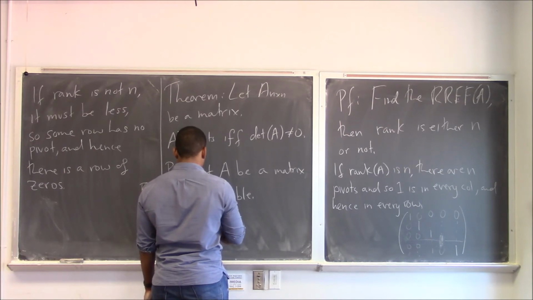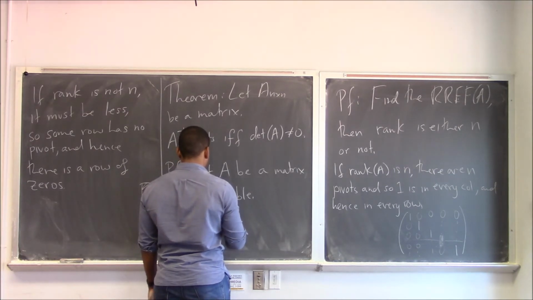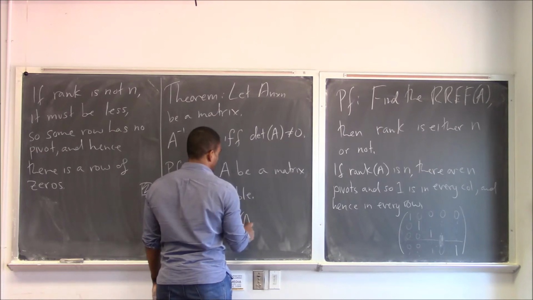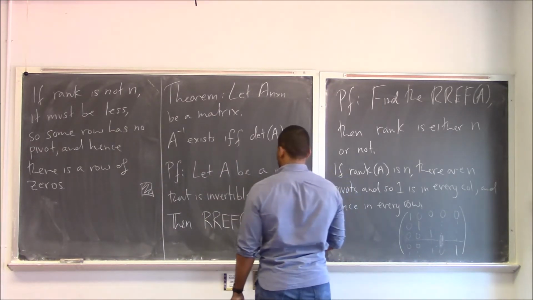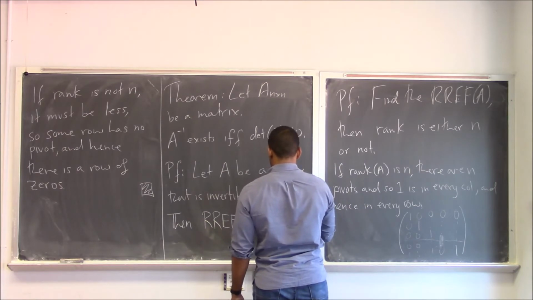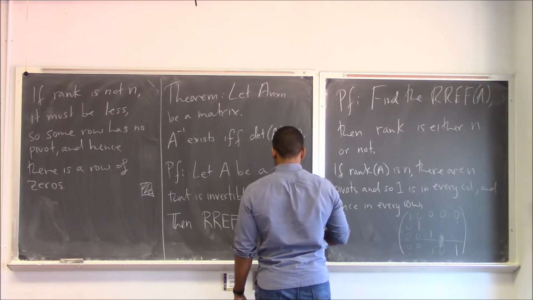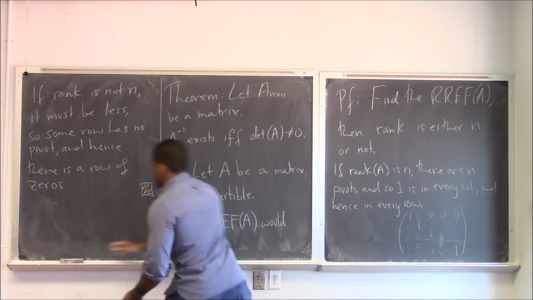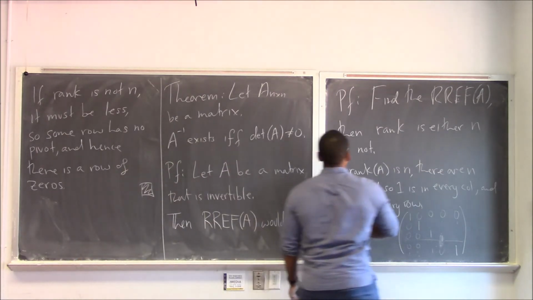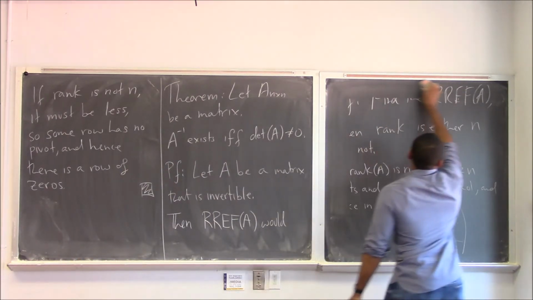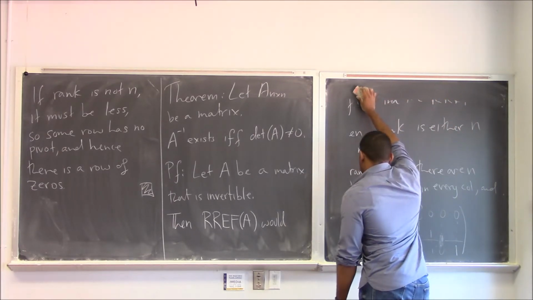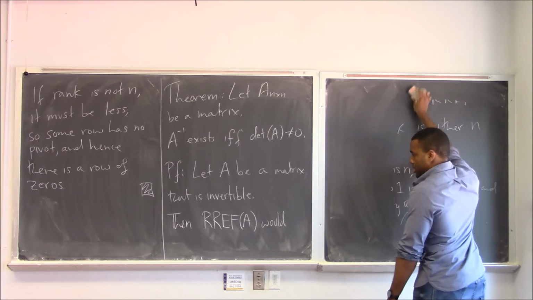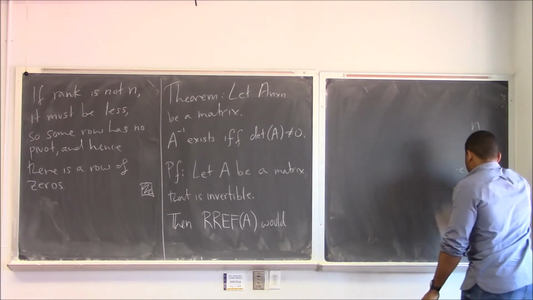The multiplication gives you the identity. The reduced row echelon form of A. I do think I need it, because it's not going to be completely clear here if I don't have the equivalence theorem.